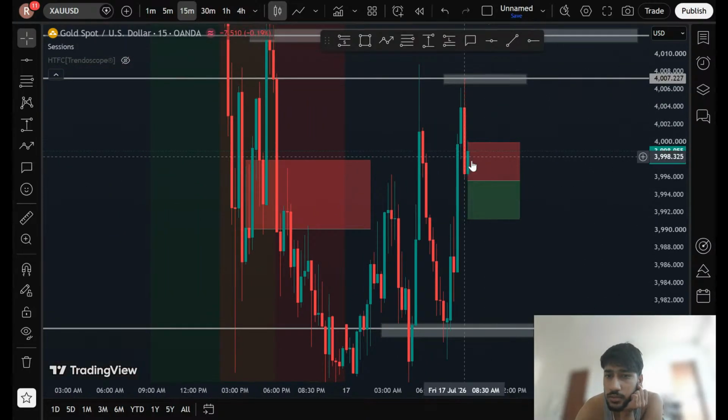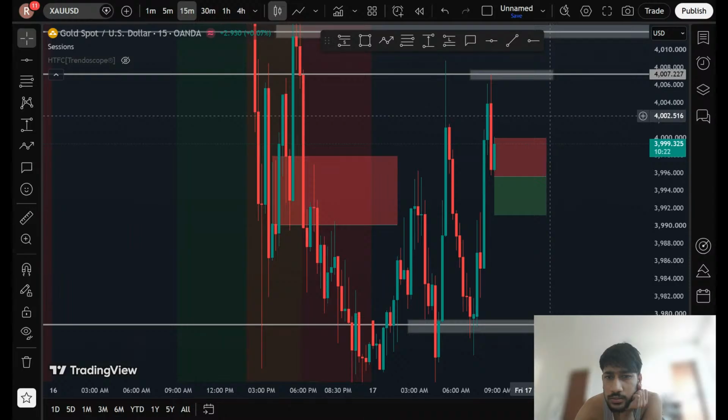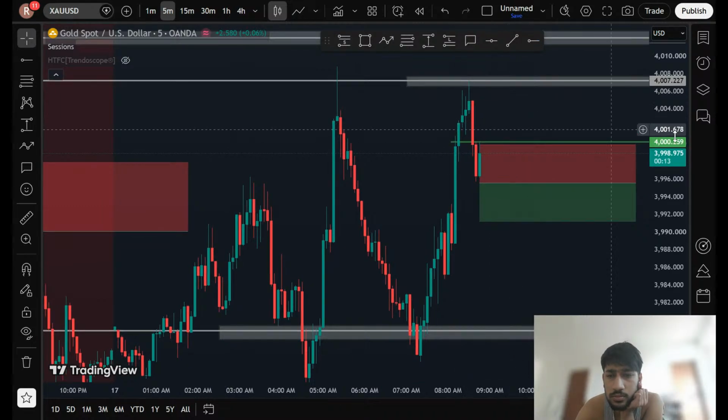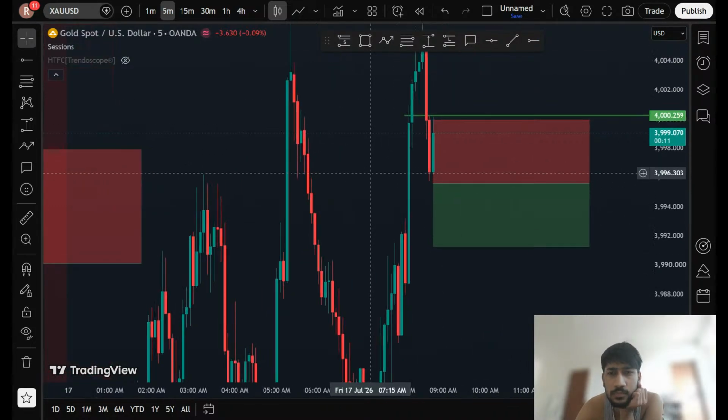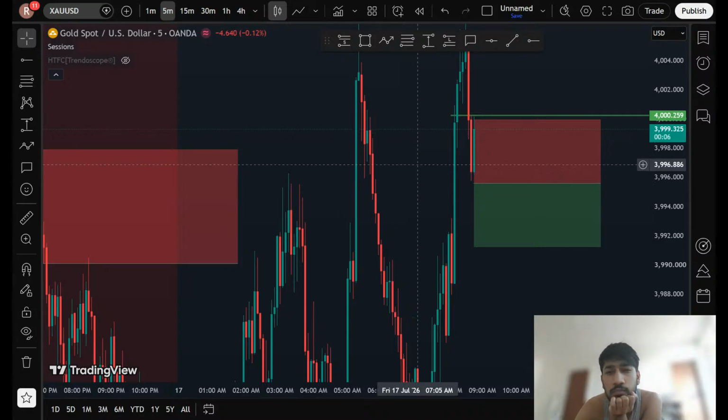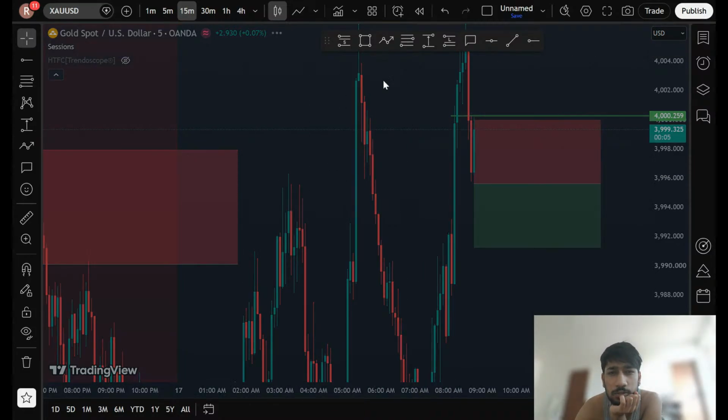This candle with the wick, if this breaks the high and moves up, so be it.